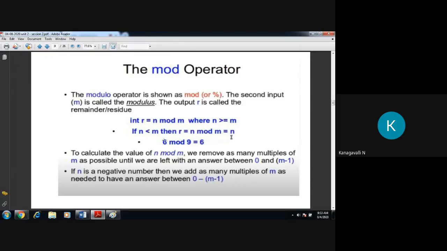In this way, if your input is lesser than your n value or m value, then the result is automatically the integer itself, right? Any doubt? In 6 mod 9, comparing to 9, 6 is a lesser value, right? So directly this integer is the remainder value. You just take the direct value for this statement.